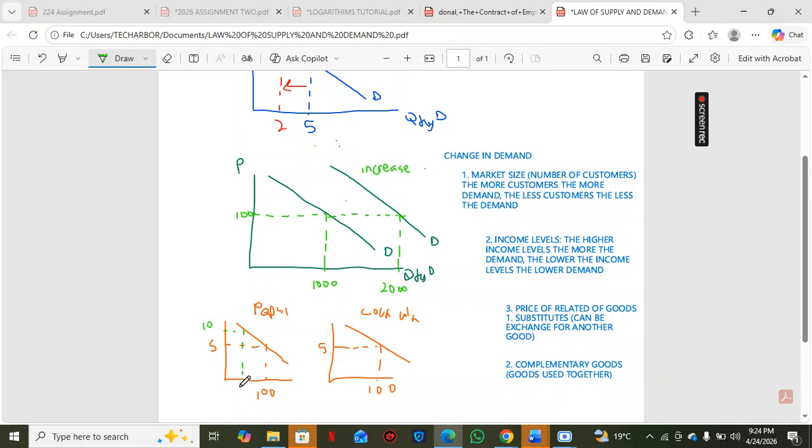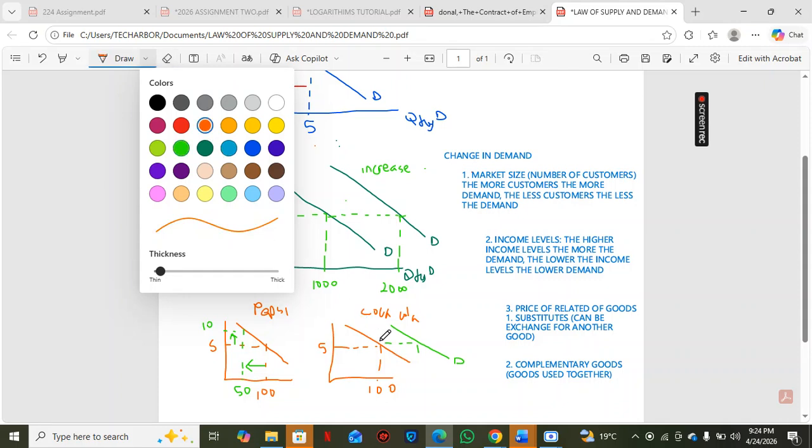So people will start buying less Pepsi because it became more expensive. If they buy less Pepsi, it means they've substituted it with Coca-Cola. So look at what happened to the demand curve for Coca-Cola. The demand curve for Coca-Cola is going to increase, because people have substituted Pepsi with this drink.